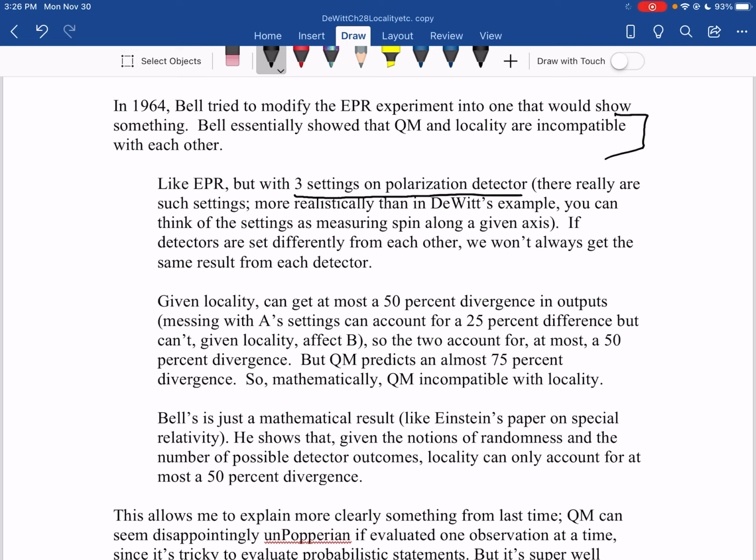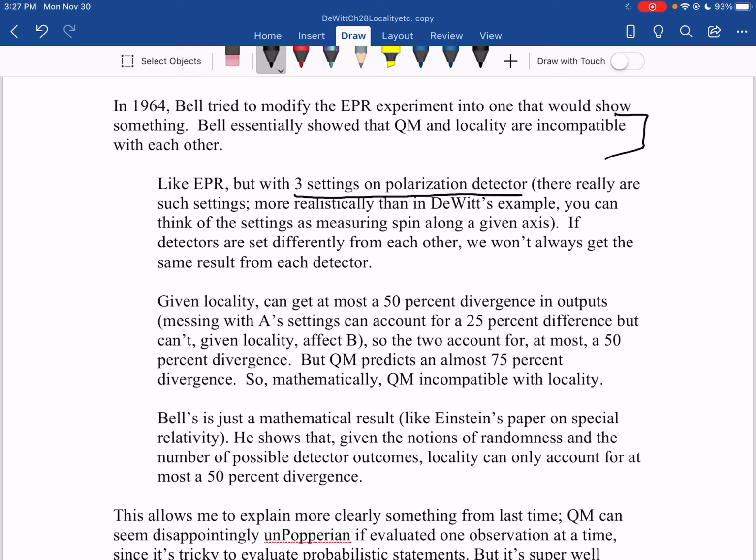Even though you've got twinned particles, the different settings in the detector will cause you not to get the same result. Remember, with twinned particles, if your detectors are identically configured, the random result will be the same for both particles, right?